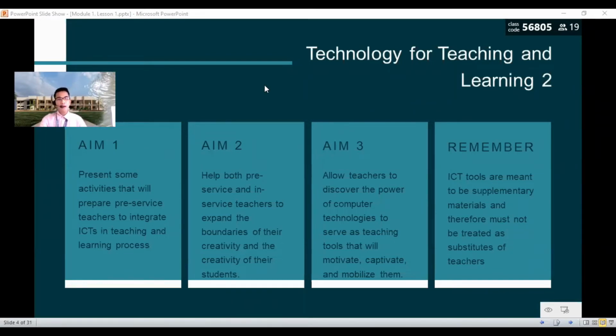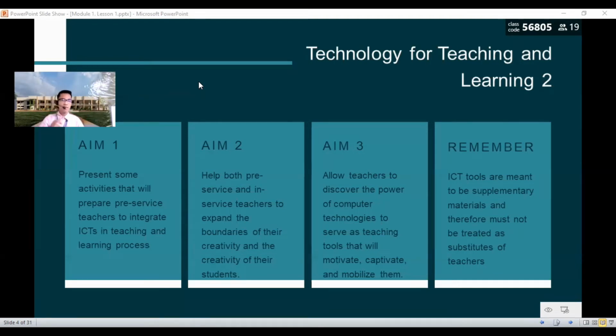If in that case, medyo na-deprive natin ang creativity ng estudyante natin or ang kanilang capacities. So we have to allow the students to manipulate these tools, allow them to really explore technologies that would help them in understanding and performing varied activities.